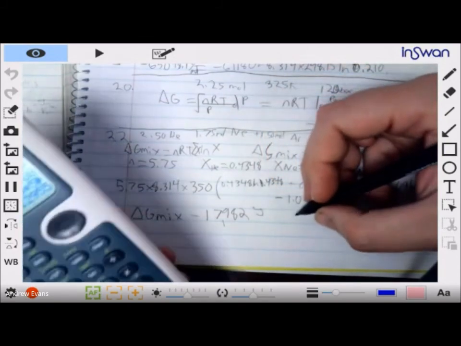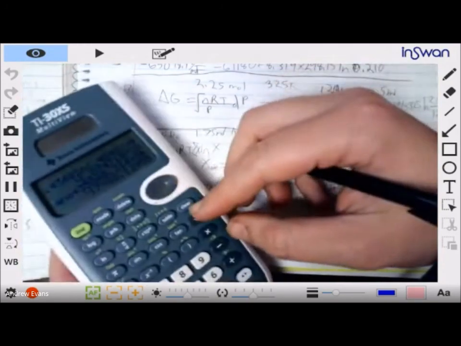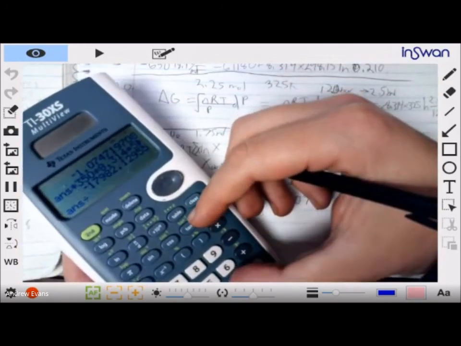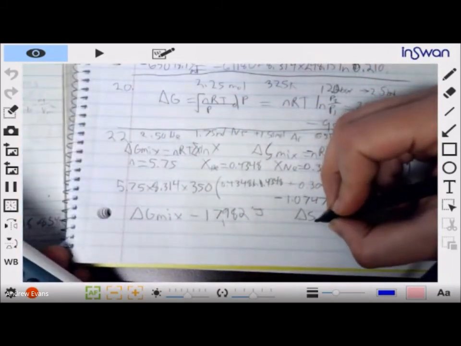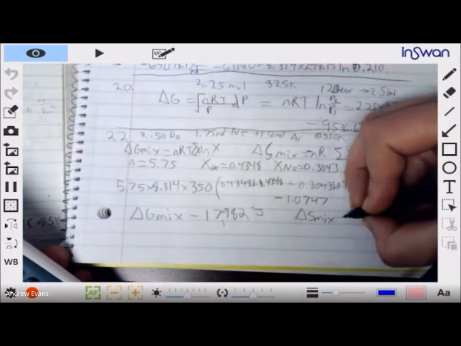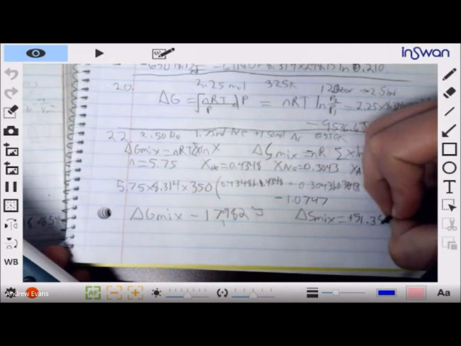Now, for entropy of mixing, we're just going to take the Gibbs and divide by negative 350. You divide by negative 350, and your entropy of mixing simply becomes positive 51.38.